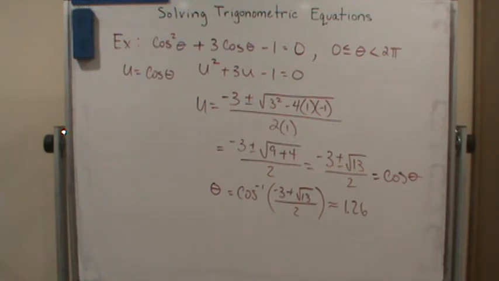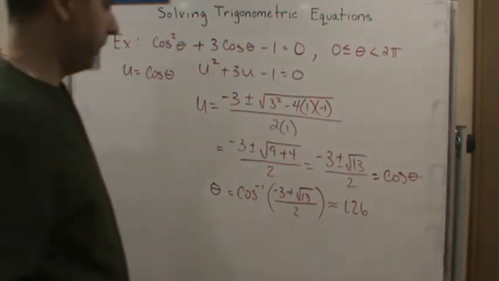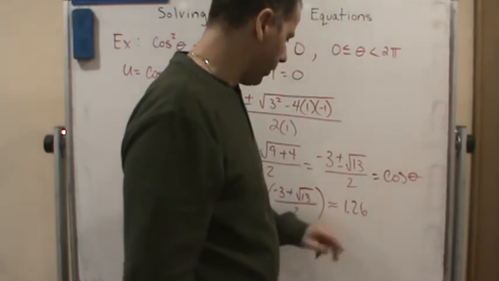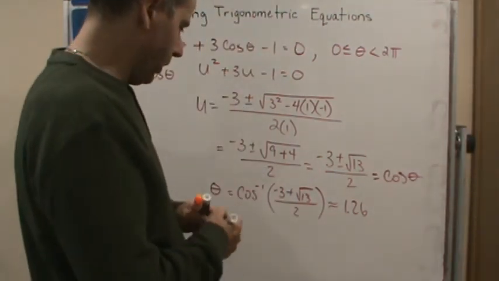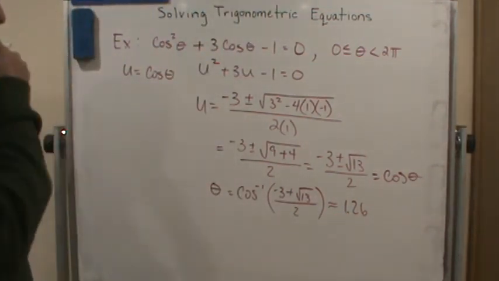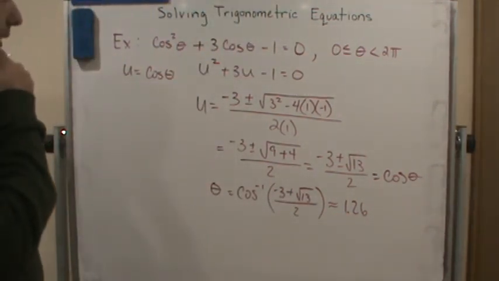Okay, so now, since the terminal side is in the first quadrant, we know that this is going to be positive. Okay, so this is going to be positive also in the fourth quadrant, which means, guess what? We're going to use 2 pi.